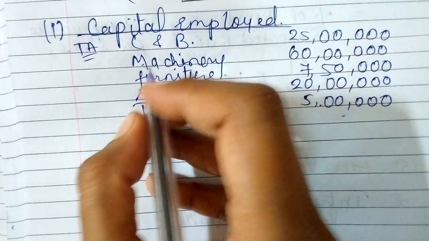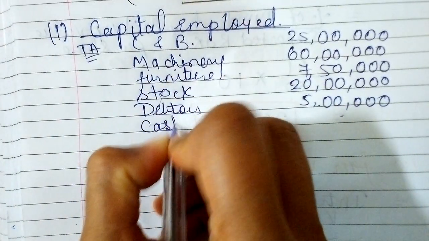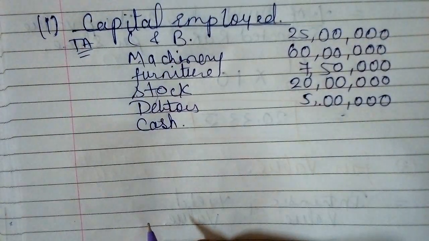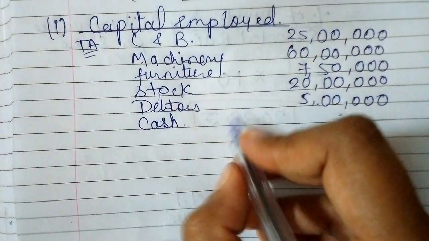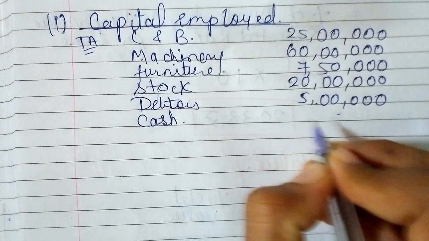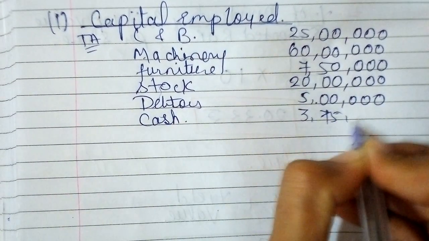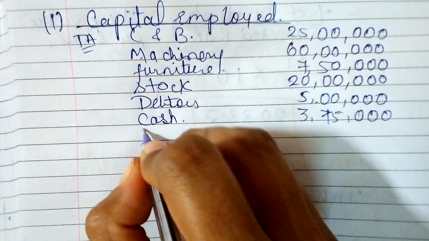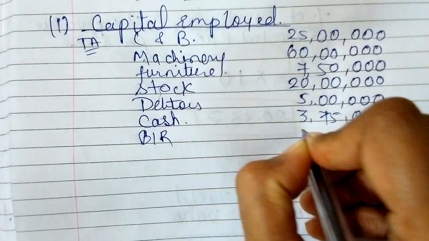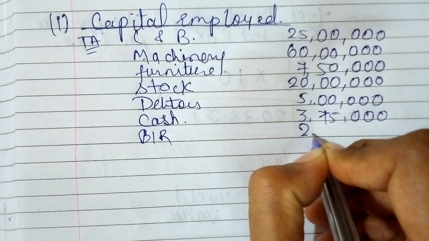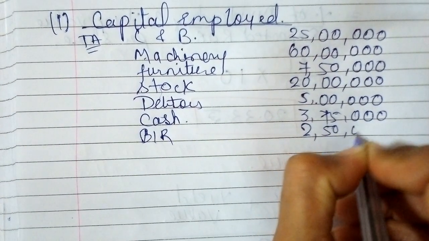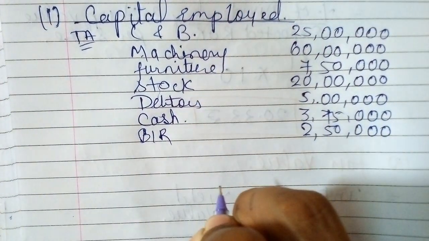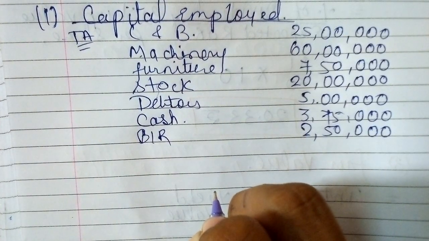Then cash. Cash cannot be doubled by itself, okay? It will not double on its own. So cash also, what will we take? 3,75,000 as it is. And likewise bills receivables. You have to receive the money, so nobody will give double for that either. So bills receivables will also remain the same, 2,50,000.